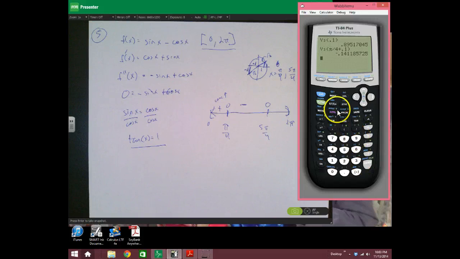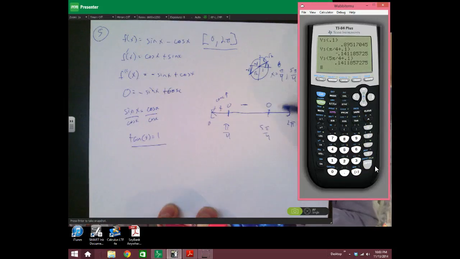And then the last one, I can do second, bring that up, second, insert 5 pi over 4 plus 0.1. Again, I just want to know if it's positive or negative. So this is concave down. This is concave up.